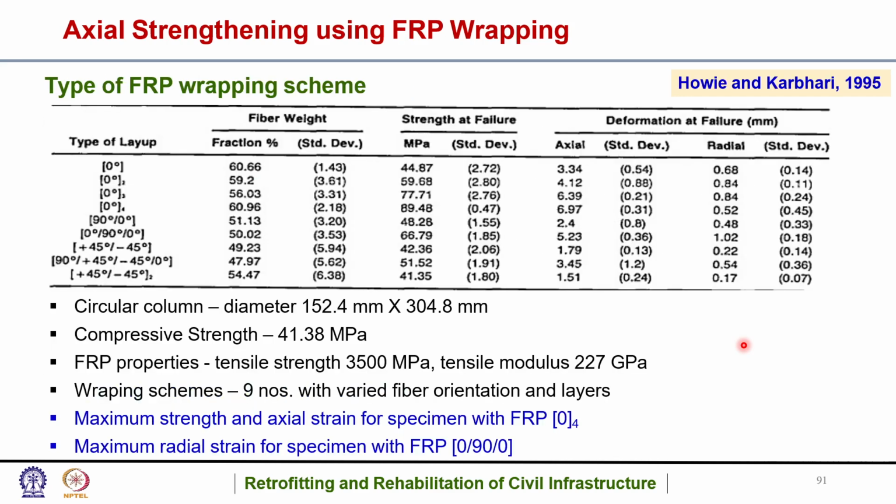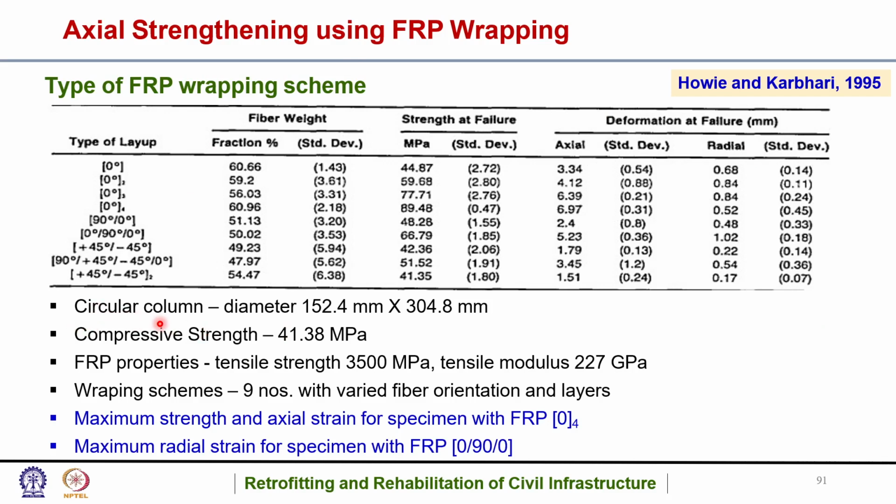So next, basically the study on the type of FRP wrapping scheme. This was taken from an investigation done by Howie and Karbhari in 1995. These were the details of the specimens used, and concrete.